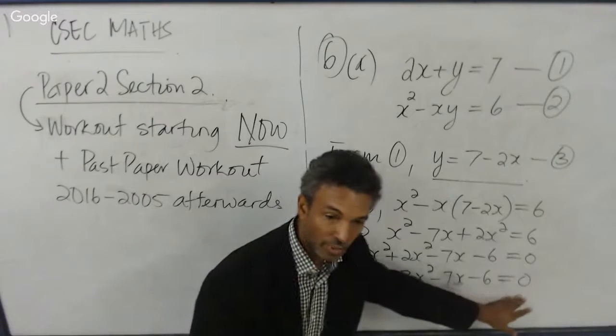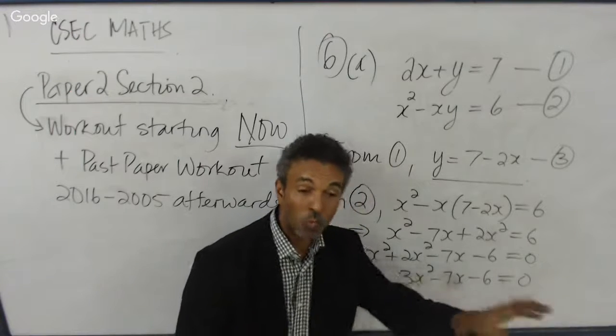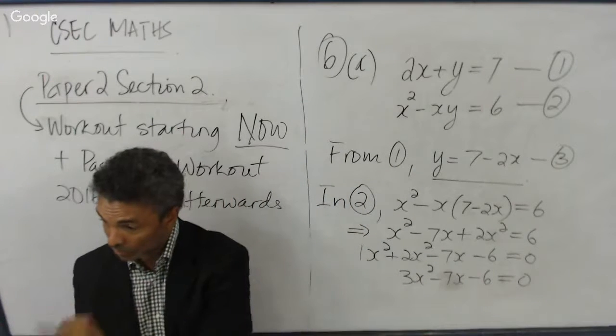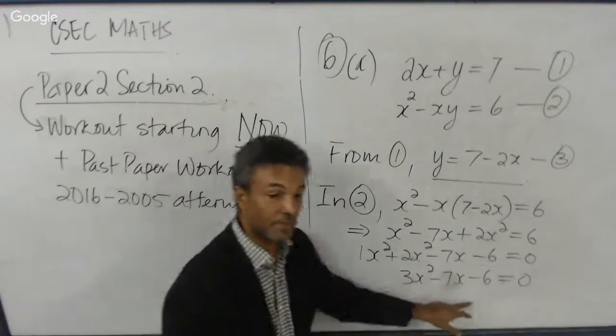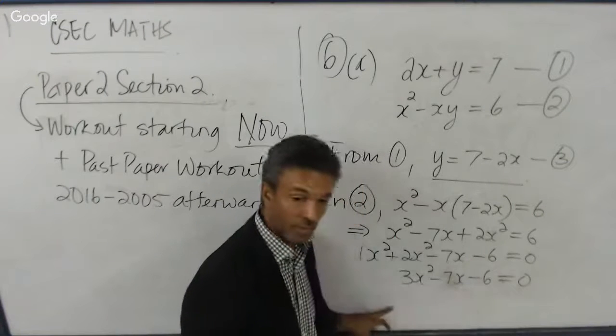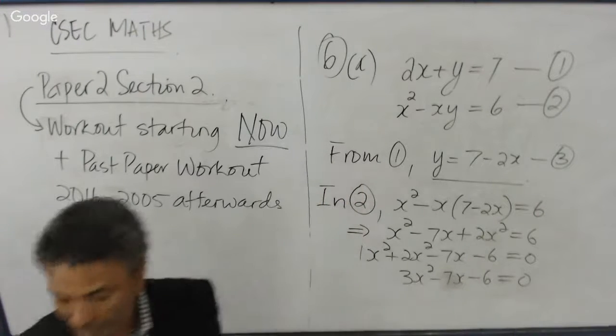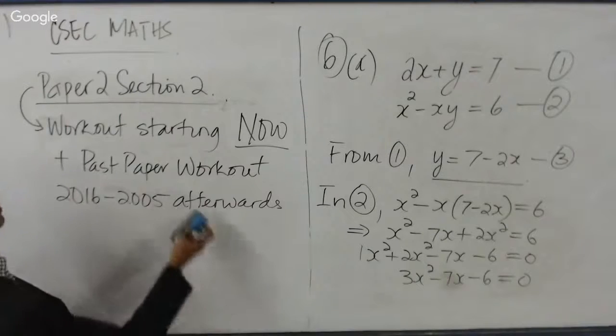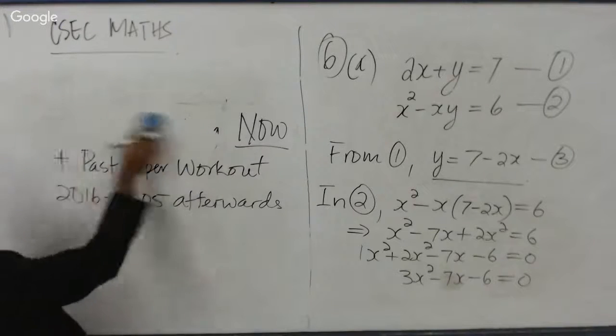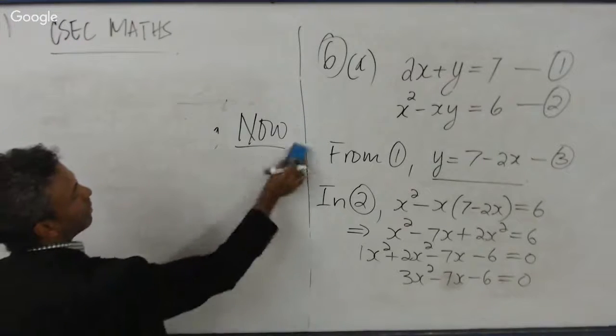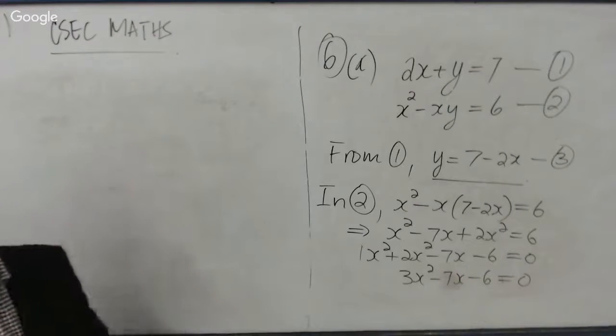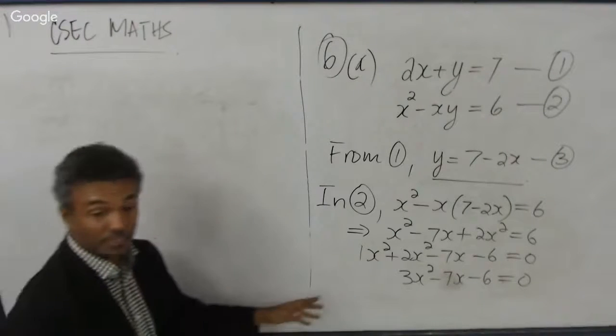But this is okay. Now, once you have a quadratic, you're expected to get 2 answers. So your next step is to solve this equation. How do you solve the equation? You either use factorization or the quadratic formula. It doesn't matter which one you use.